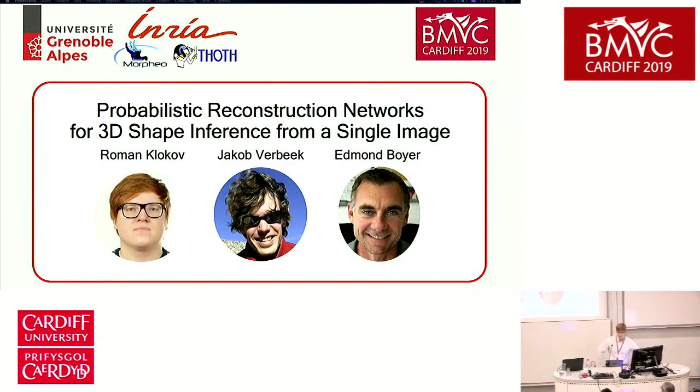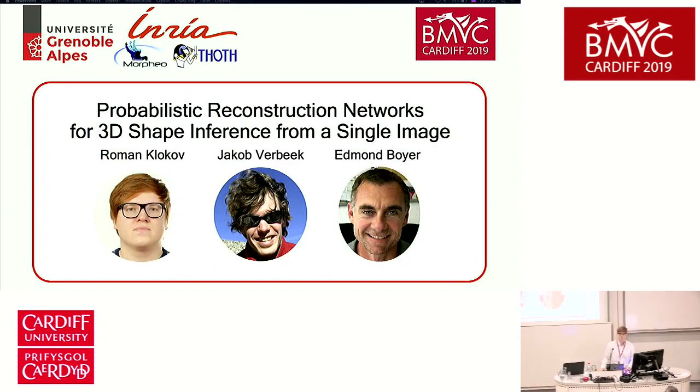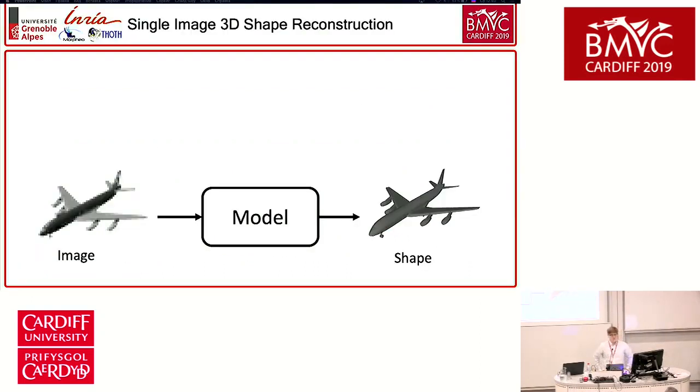So, hello everyone, thanks for the introduction, and I'm here today to present our work on single image 3D reconstruction. So let's start by formulating the task. What we want is to obtain a model which will predict a 3D shape given a single RGB image obtained from an arbitrary viewpoint.